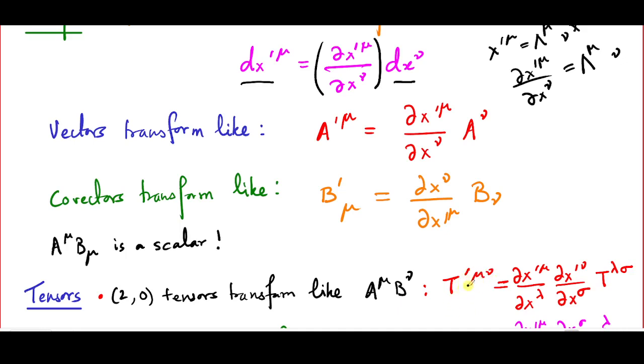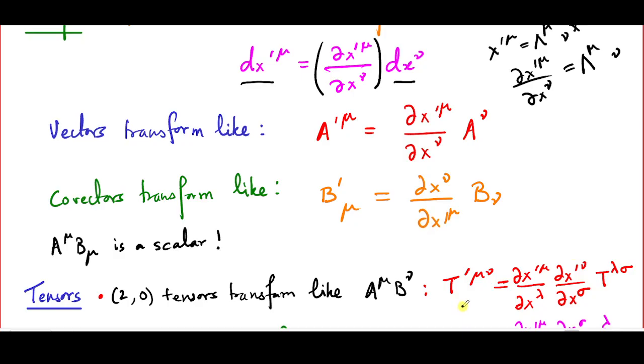T prime mu nu will be del x prime mu by del x lambda, del x prime nu by del x sigma, t lambda sigma. Note once again here that these two coefficients are vector transformation coefficients, and you multiply them together to find the transformation coefficient for a 2, 0 tensor.